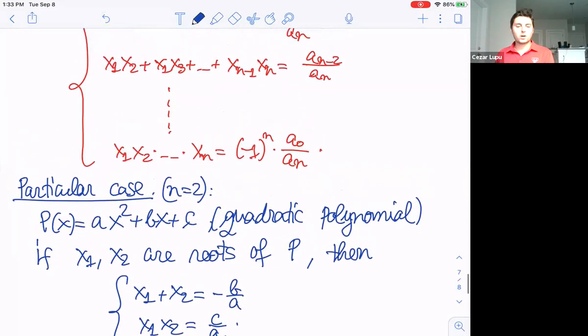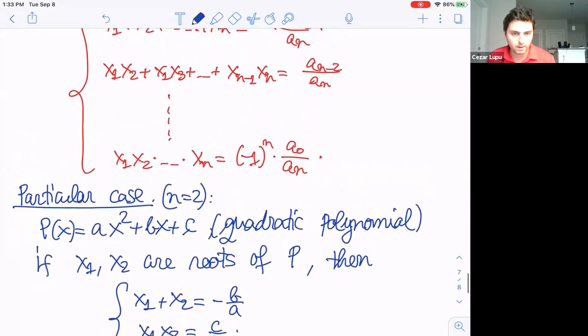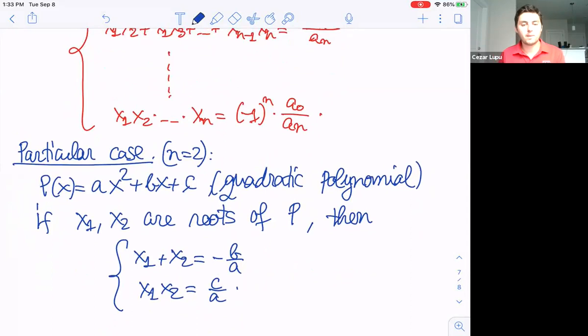Anyway, if you look closely, everything will fit into the picture here. You just take n equals 2 and you will find exactly these. And you can play with these for n equals 3, n equals 4, and so on. We'll see examples of applications of this. All right.